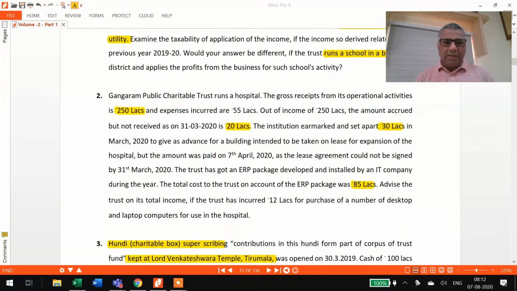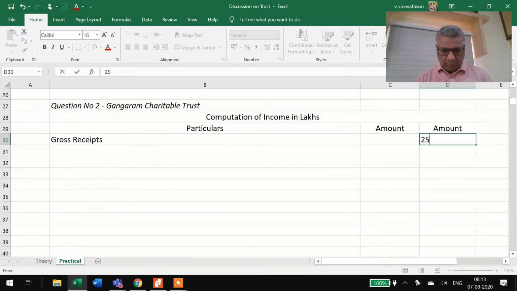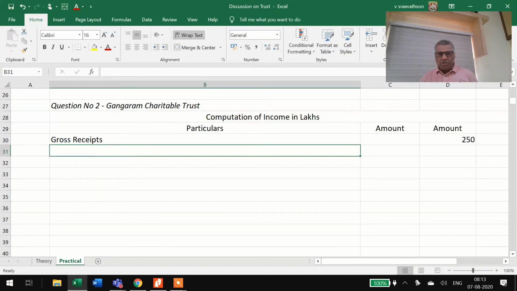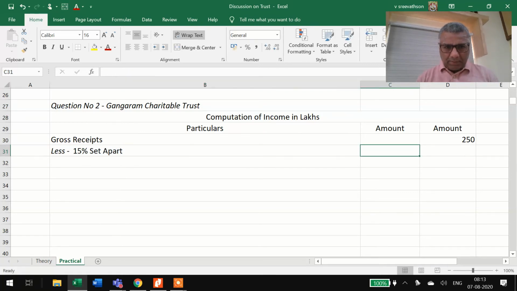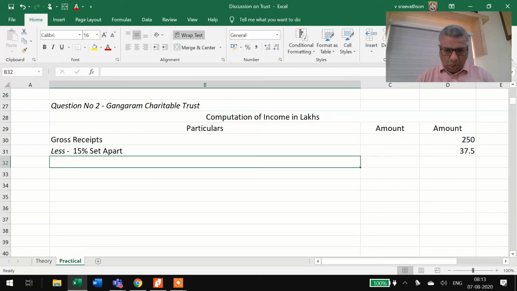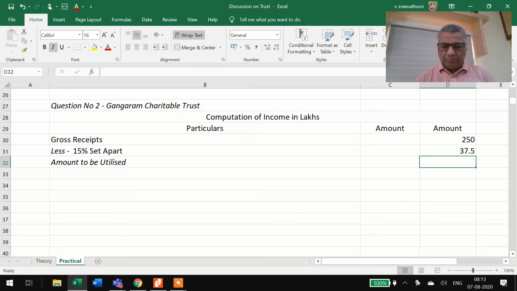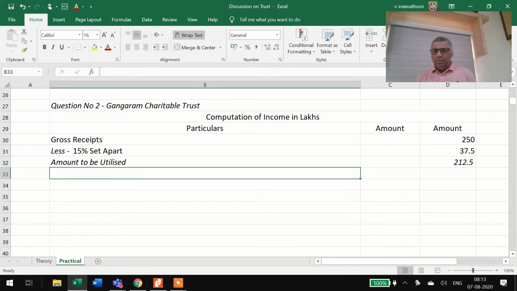I'll also do it in lakhs itself. Gross receipts 215, less 15% set apart. Okay, amount to be utilized is 212.5.